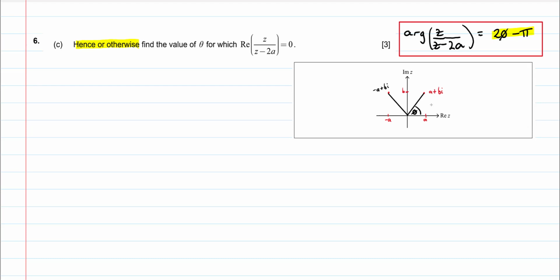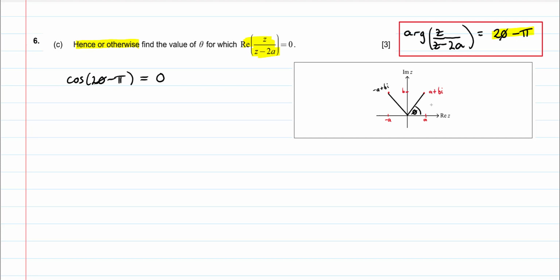So we want to work out the value of theta for which the real part of z over z minus 2a is equal to 0. The real part of a complex number, well, that's the cosine part when we write it out. So we want cos of our argument, which was 2 theta minus pi, equal to 0.